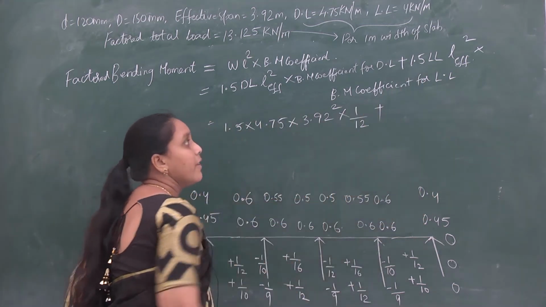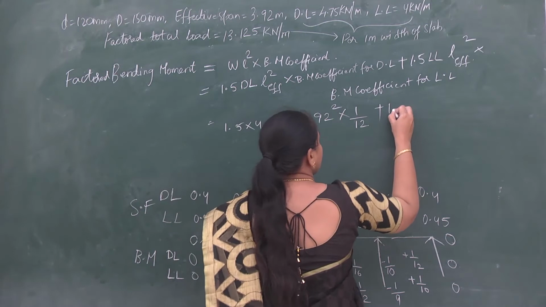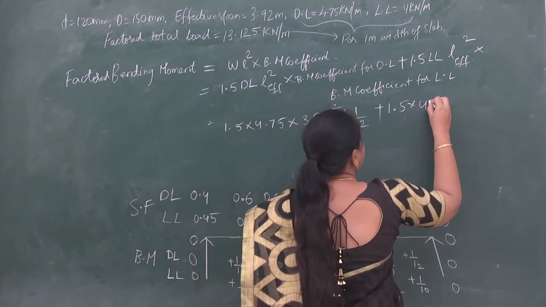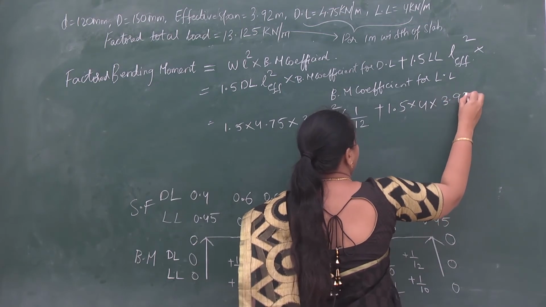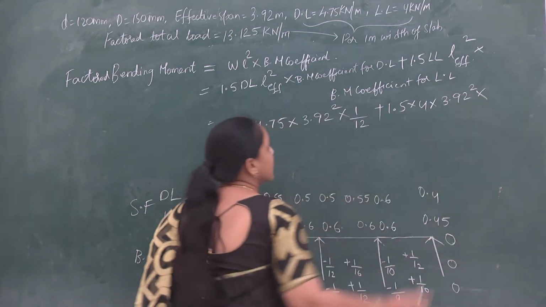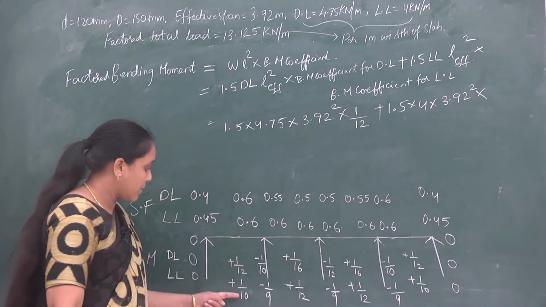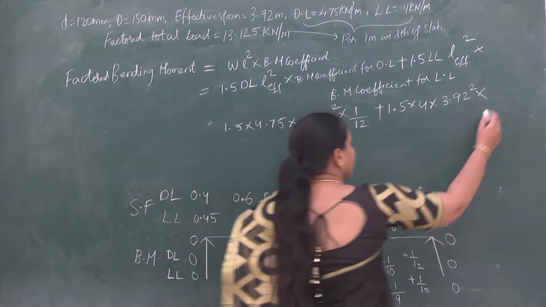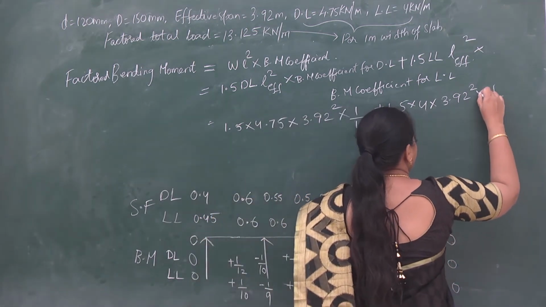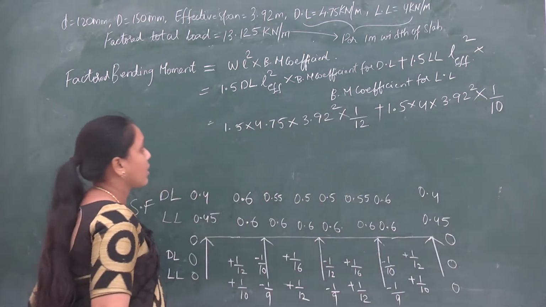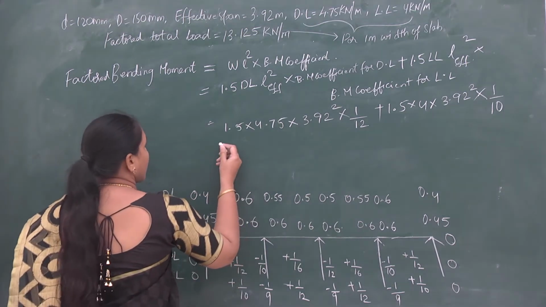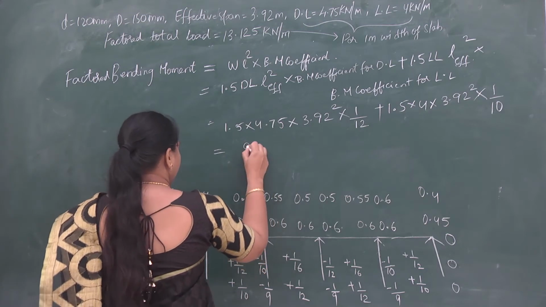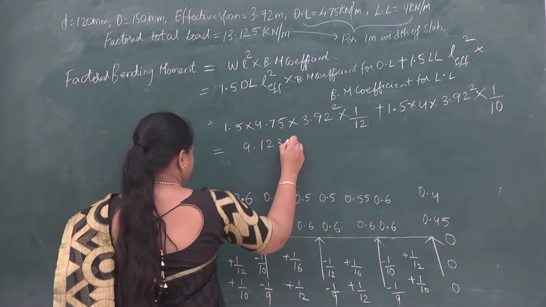Plus 1.5 into live load. So what is the live load here? It is 4, into L effective. L effective is 3.9 whole square, into the bending moment coefficient for live load. What is the bending moment coefficient for the live load? Here it is 1 by 10. So if you solve this, you will get a value of 9.1238.